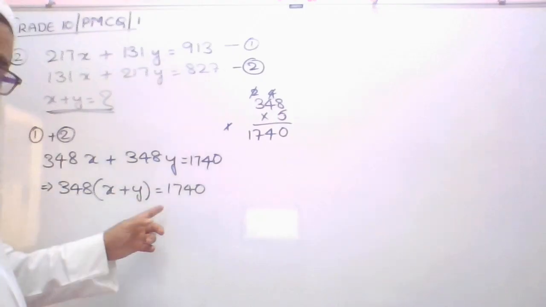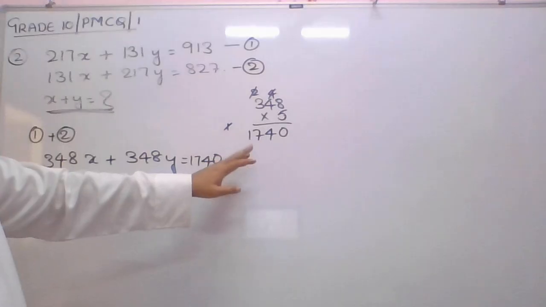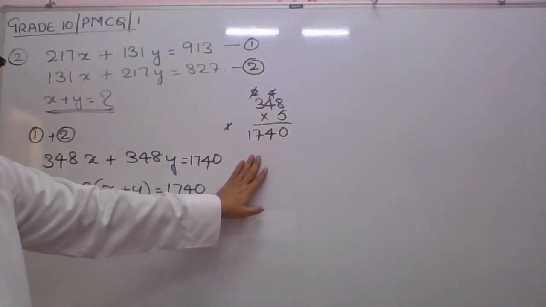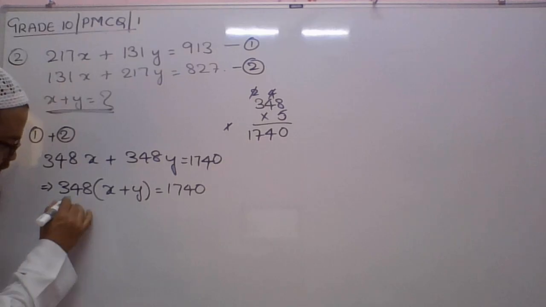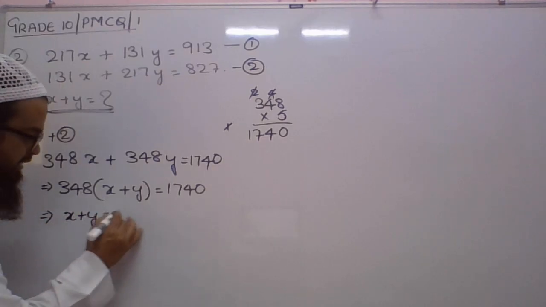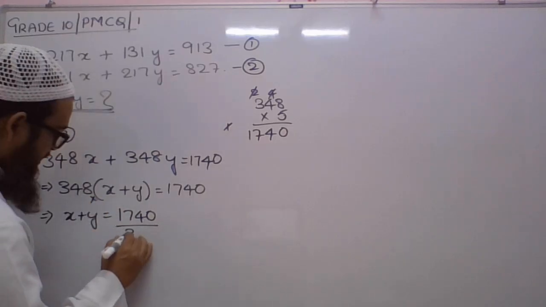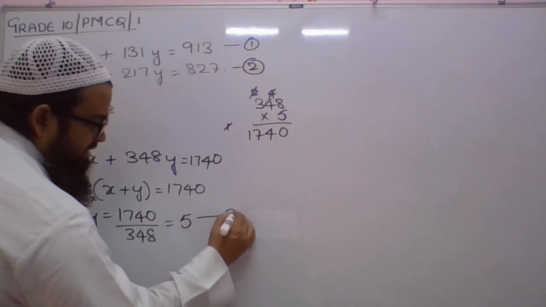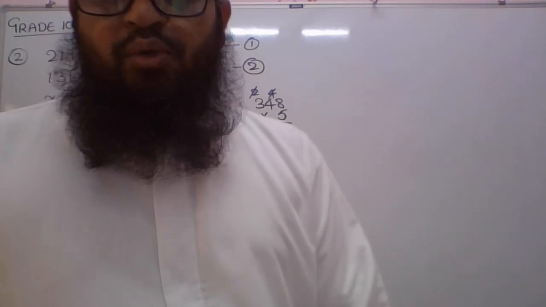The first time when I did it also, I did it like this only. This is the second or third time I am explaining it to my students, but when I did it for the first time also, I got the same idea and directly checked with 5. So it is divisible. Therefore, when I transpose 348, it is 1740 divided by 348, that is equal to 5. So this can be the third equation. Understood, my dear students? This can be the third equation.